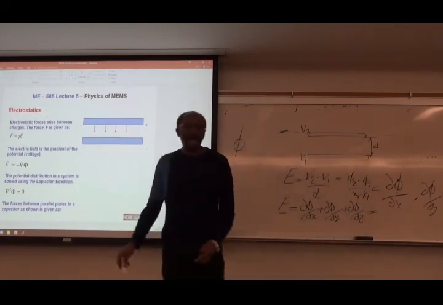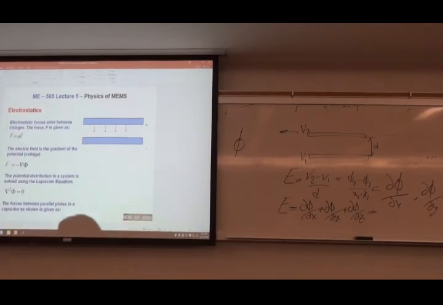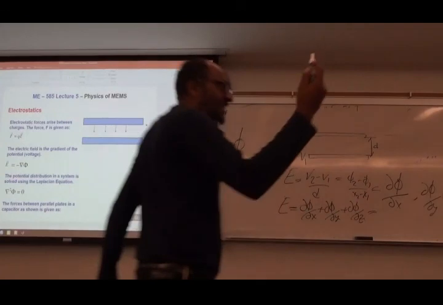Now, let's do math. In a vectorial form, how does that look? So E is partial phi, partial x plus y plus z, but I can put the whole thing in a vectorial form. Anybody? The answer is on the board. Gradient of phi. It's grad phi.